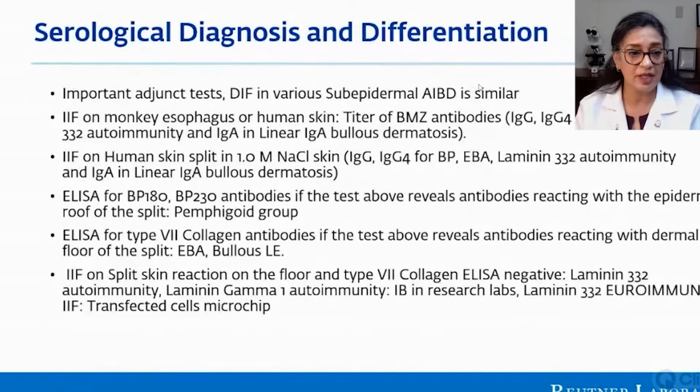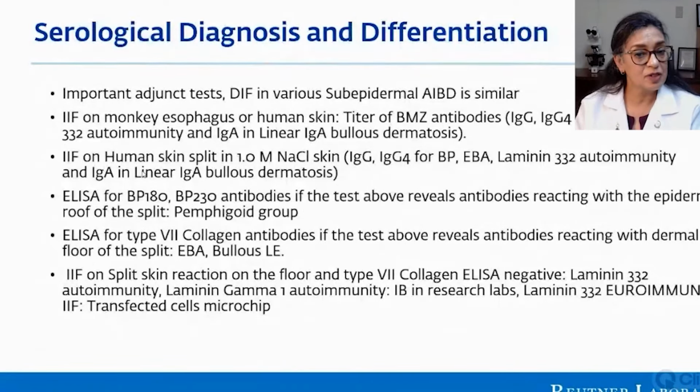The initial screening is done by IIF on monkey esophagus or on normal human skin. And at Beutner Labs, we start with IIF on monkey esophagus to determine the presence of BMZ antibodies and also the titer of BMZ antibodies. And IIF on split skin is also done. So if positive on the epidermal roof, then ELISA for BP180 and BP230 is done.